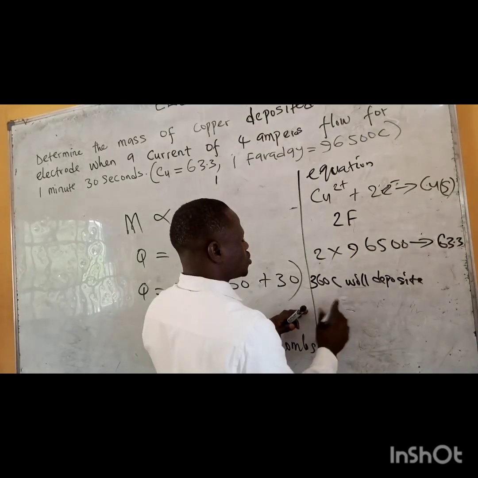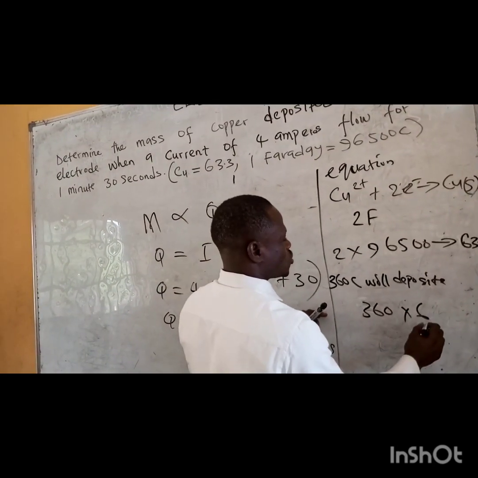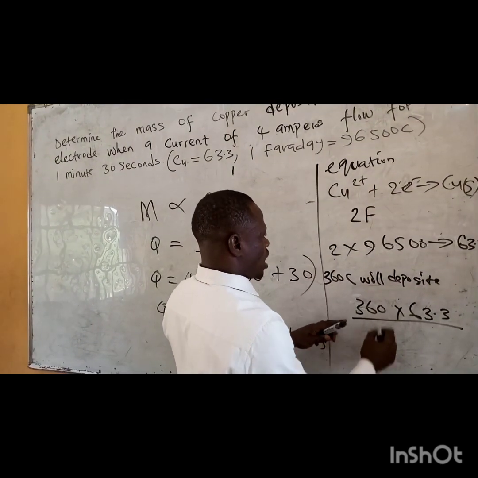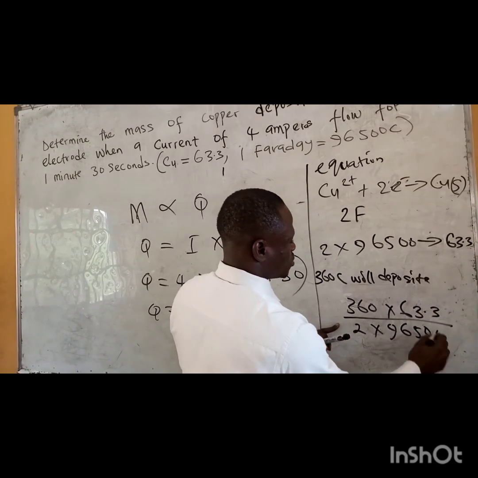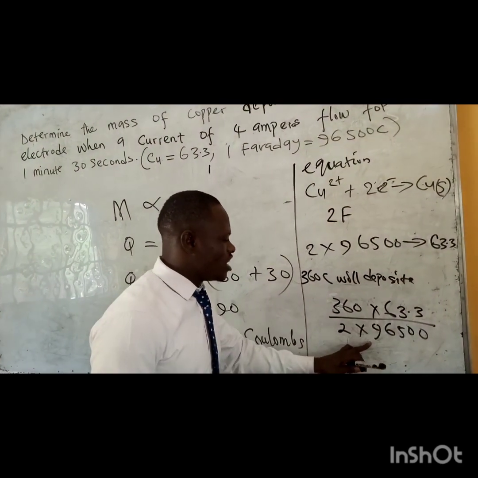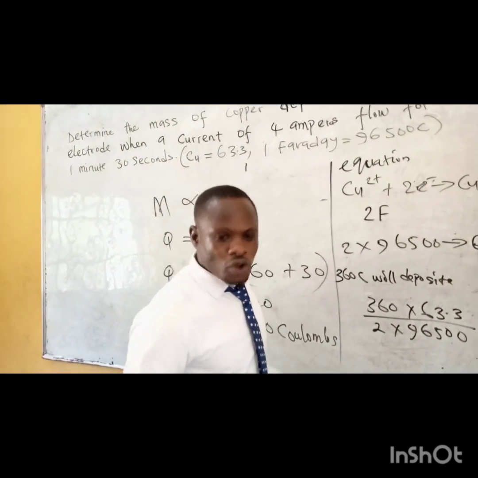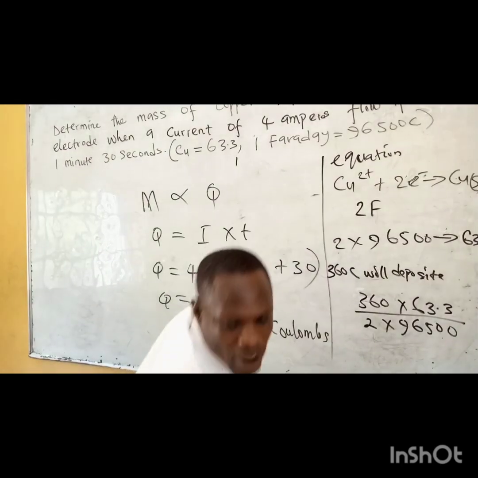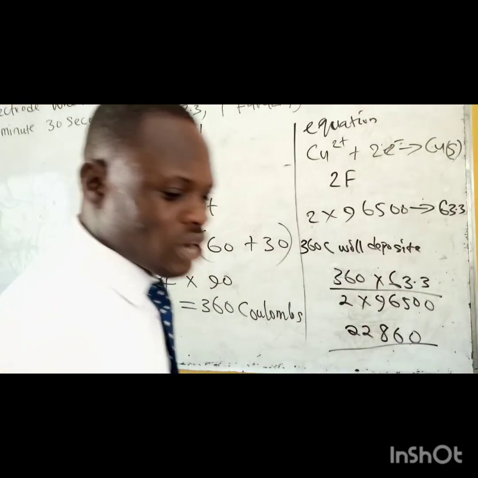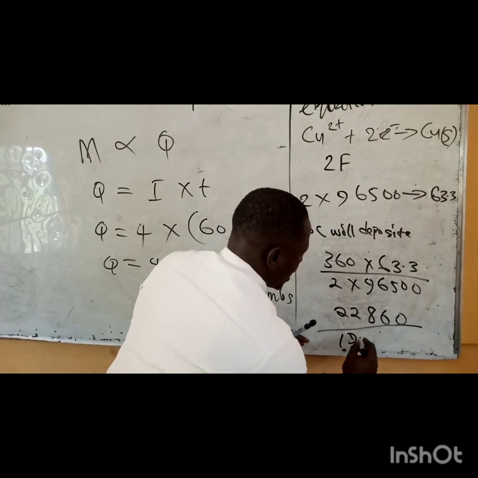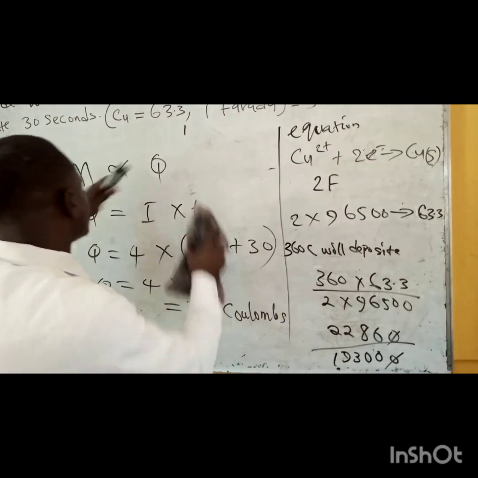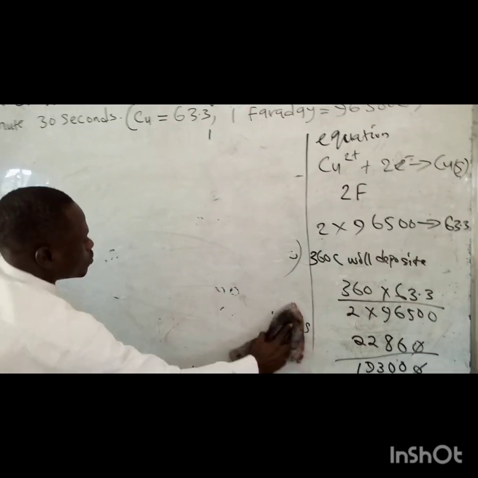So it's very simple. 360 times 63.5 all over 96,500. When you multiply this, let's use our calculator, 22,860 divided by 193,000.